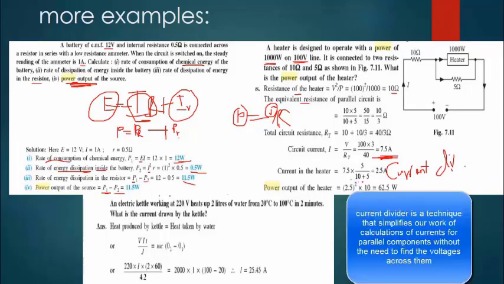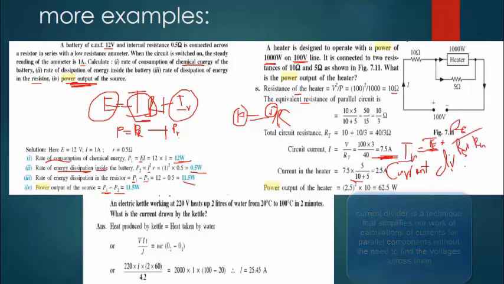So we know our formula of current divider. If we want the current passing through the heater, according to our principle of current divider, the current of the heater is equal to the total current in this whole circuit times the ratio of the resistors. But you remember that for the ratio of the resistors, unlike for potential divider, the resistor that stays on top is not the one that we are looking for.